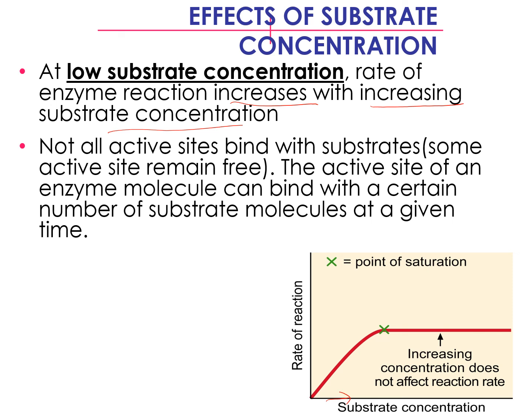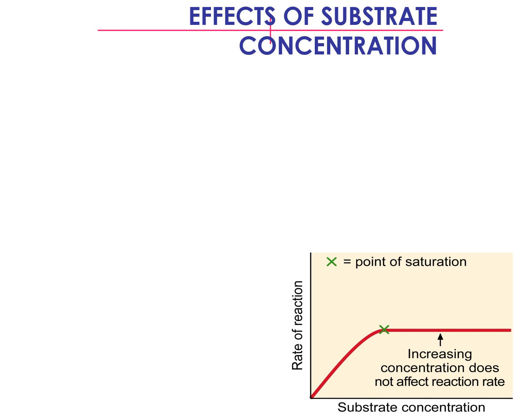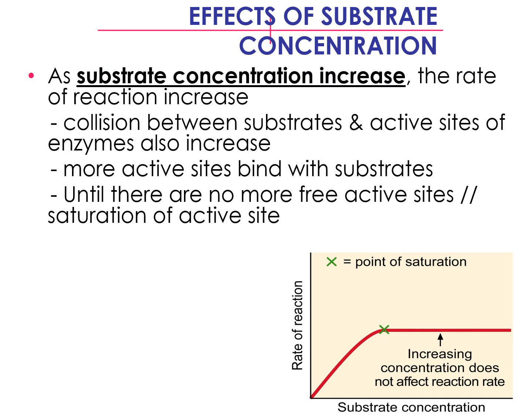So some of the active sites will be available to bind with another substrate. As the substrate concentration increases, the rate of reaction increases. So collision between substrate and active site also increases. More active sites bind with the substrate.